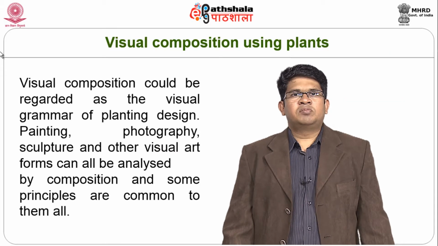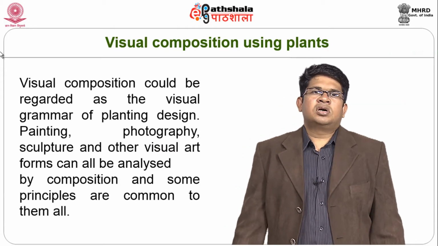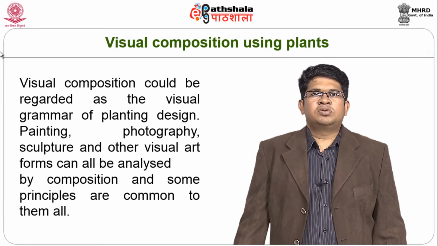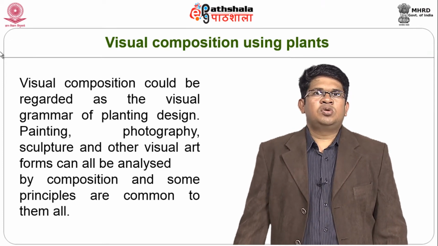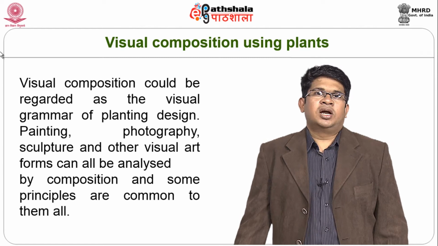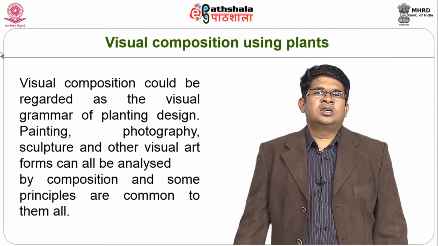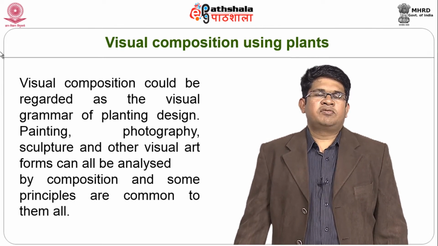First, visual composition using plants. Visual composition could be regarded as the visual grammar of planting design. So, how do we design using plants? How do we arrange plants with respect to the designed visual that we are looking at?